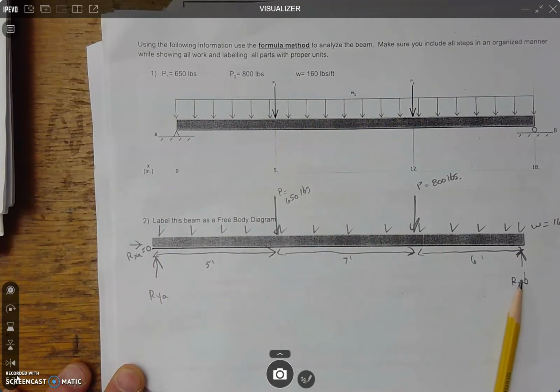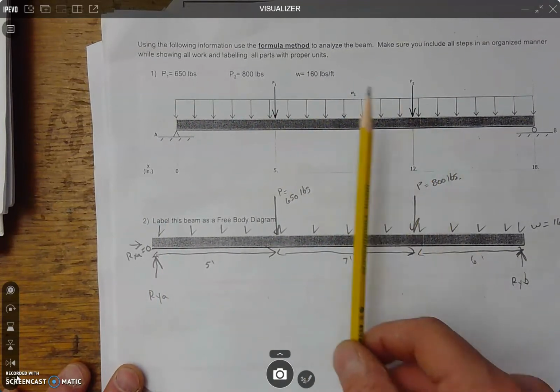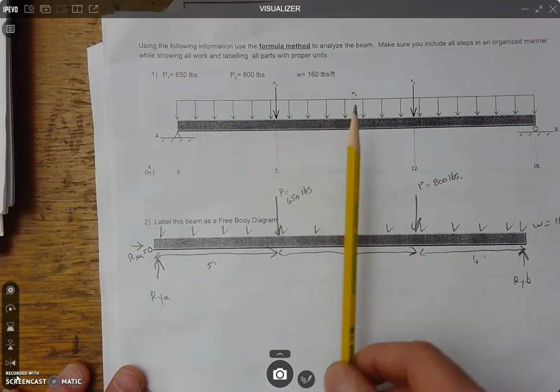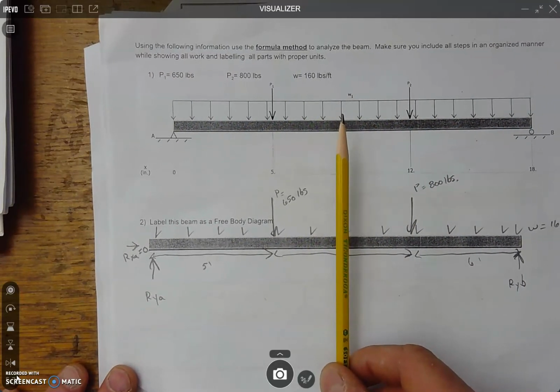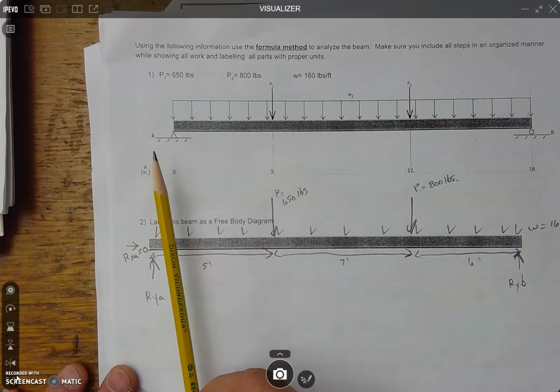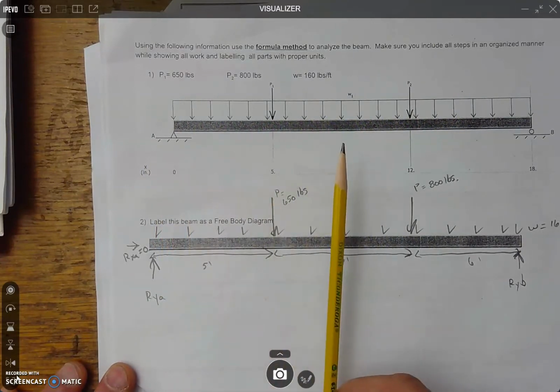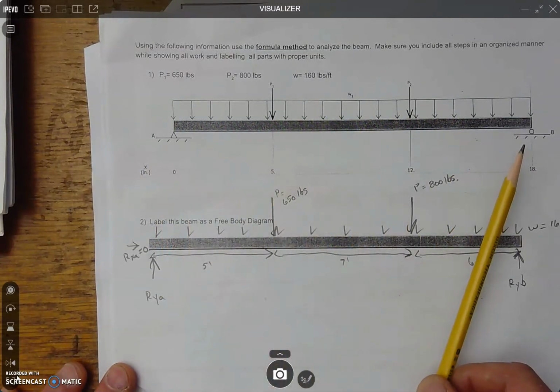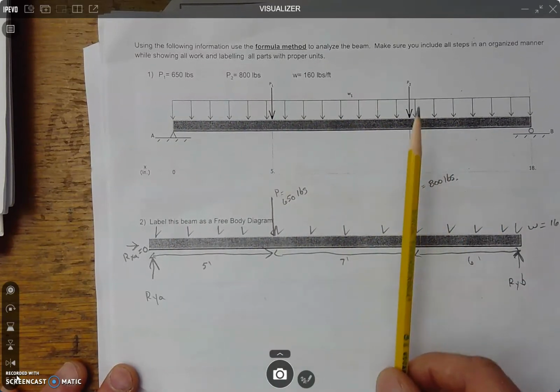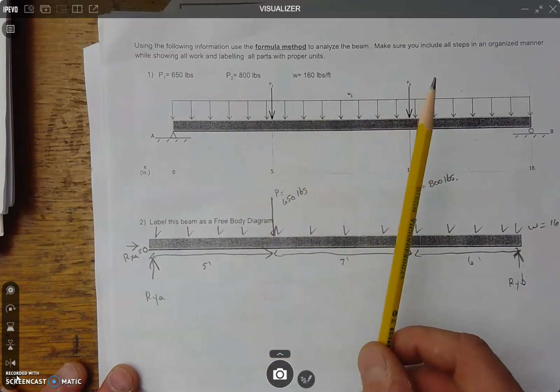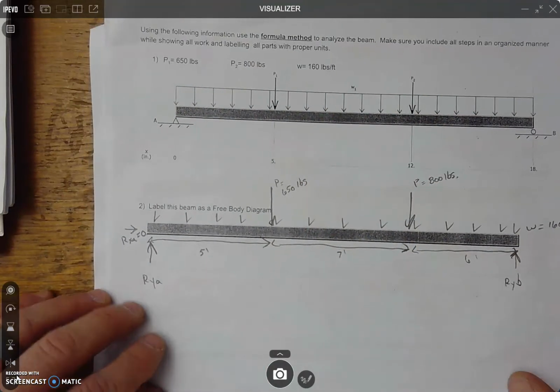So really this whole process is figuring out how much weight is coming down on the beam, and of however much is coming down, how much is carried at this end and how much is carried at this end. They may not be equal, depending on where these loads are located and how they're distributed. And we should understand that by now.